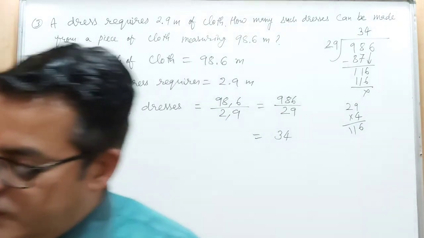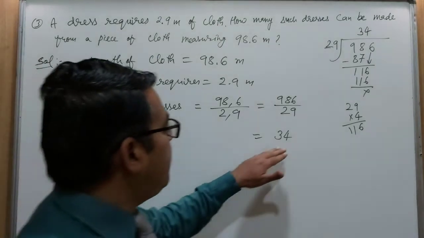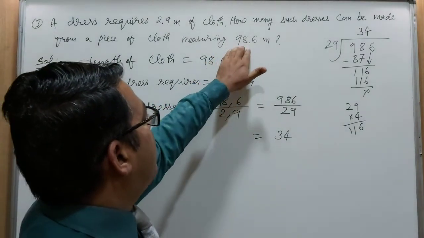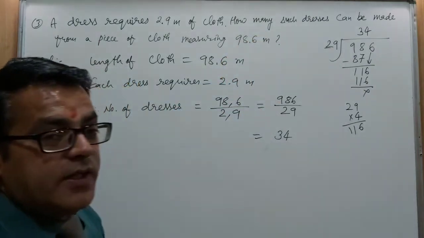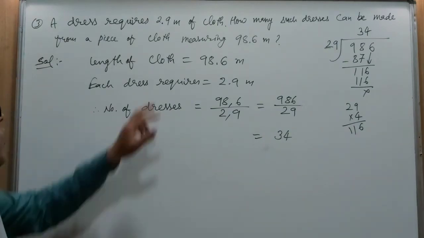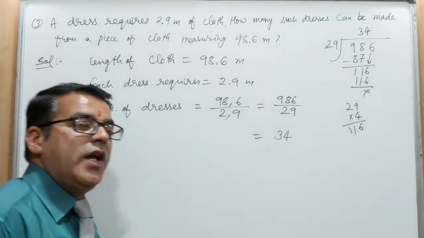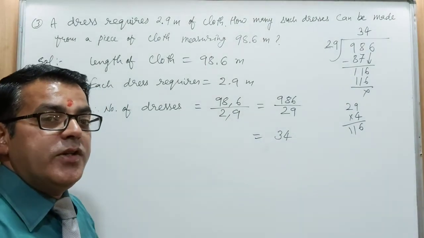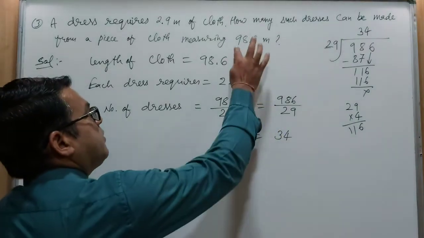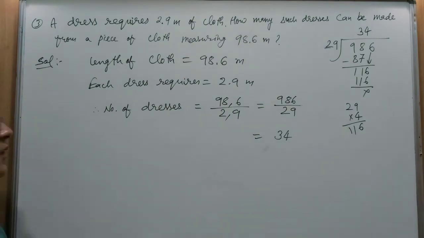It means the tailor will stitch 34 dresses from the total cloth that he has, 98.6 meters, if each dress requires 2.9 meters of cloth. So 34 students or boys will get their dresses from this much cloth. Right? Hope you understand this question.